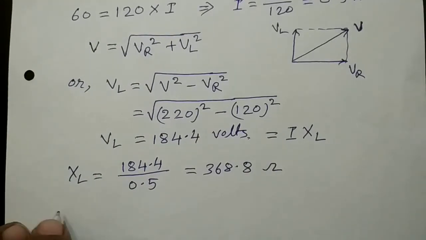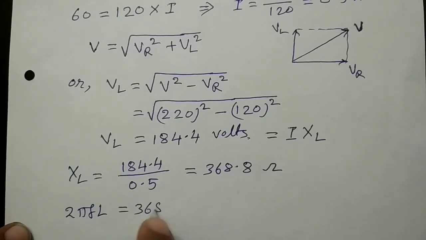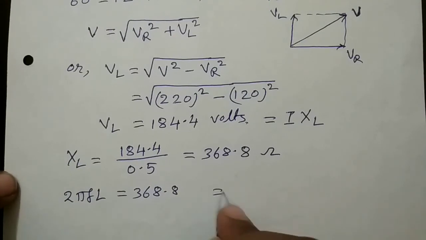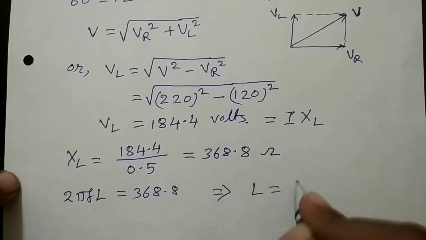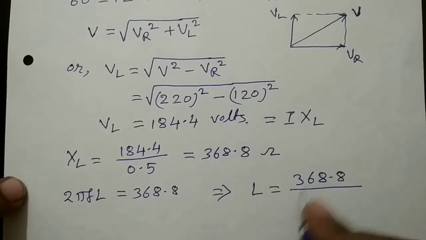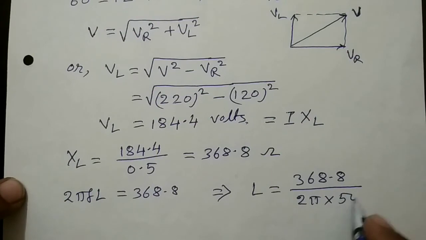And we know that XL is equal to 2 pi FL. So it is 368.8. From there we can write L is equal to 368.8 upon 2 pi into F, where the frequency is 50.